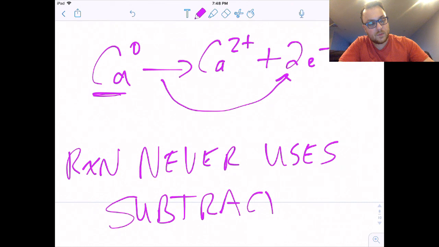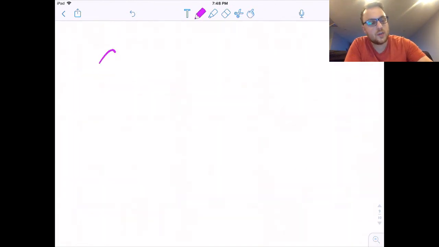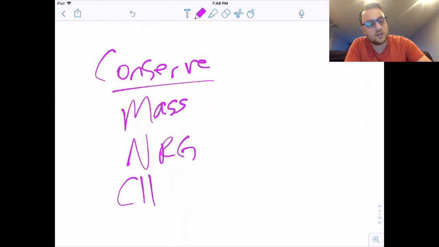Okay, now, when you have a chemical reaction, you must always conserve the following: mass, energy, charge. What does it mean to conserve that? If you conserve mass, that means the mass in equals the mass out.